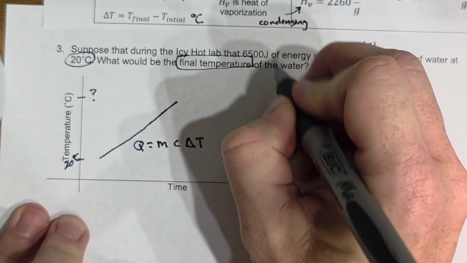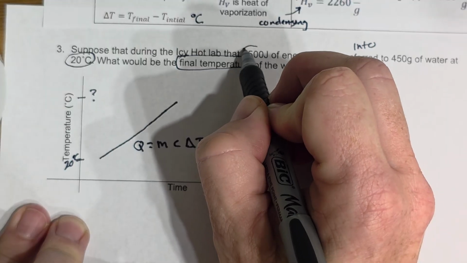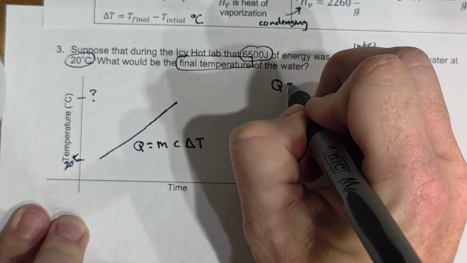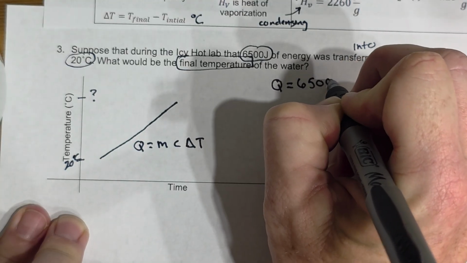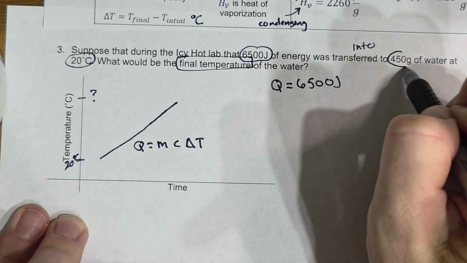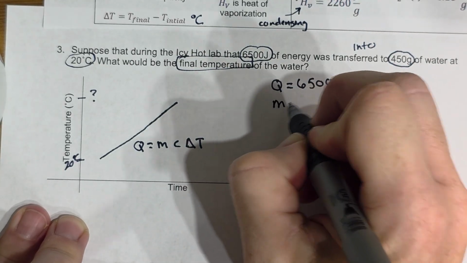What do I know? I know that there is 6,500 joules of energy. That's our Q. Q equals 6,500 joules. We have 450 grams of water. That's an m.